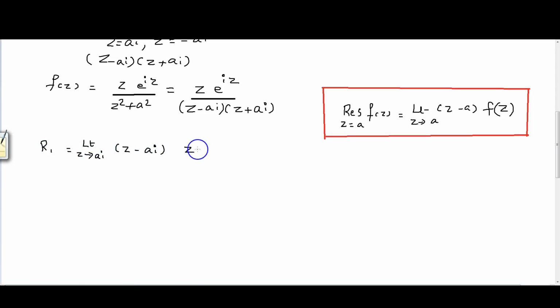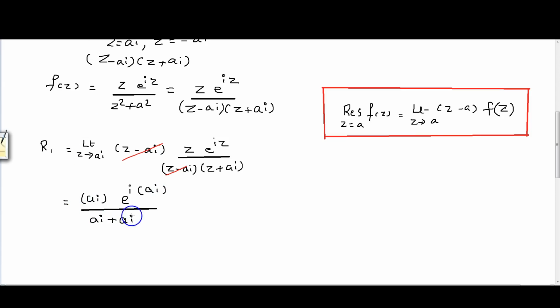Limit z tends to ai, z minus ai into f of z, which is z e raised to i z by z plus ai into z minus ai. Cancelling the z minus ai terms and substituting z is equal to ai in the remaining terms, e raised to i z becomes e raised to i into ai, and z plus ai becomes ai plus ai.